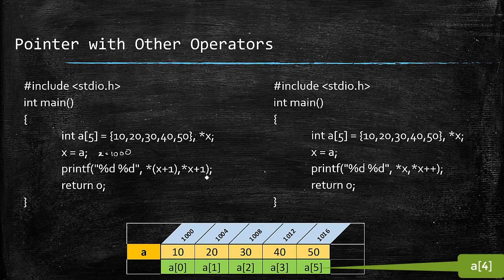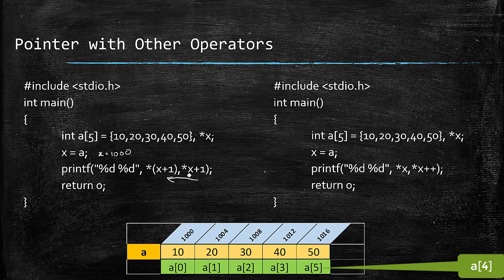Let us see what the output of this will be. As we know, C follows right to left function calling, so the parameters will be passed to the printf function in this direction. It will first calculate this value.